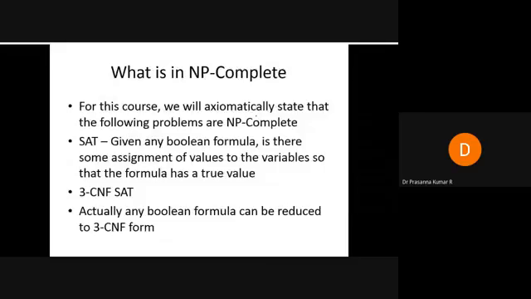So coming to this NP complete, particularly with respect to this TOC, we'll have an example. Given any Boolean formula, some Boolean expression using gates, etc., is there some assignment of values to the variables so that the formula has a true value? This is NP complete. So I think true value means it is tautology. Am I correct? If I'm not wrong, I'm not so good in digital electronics.